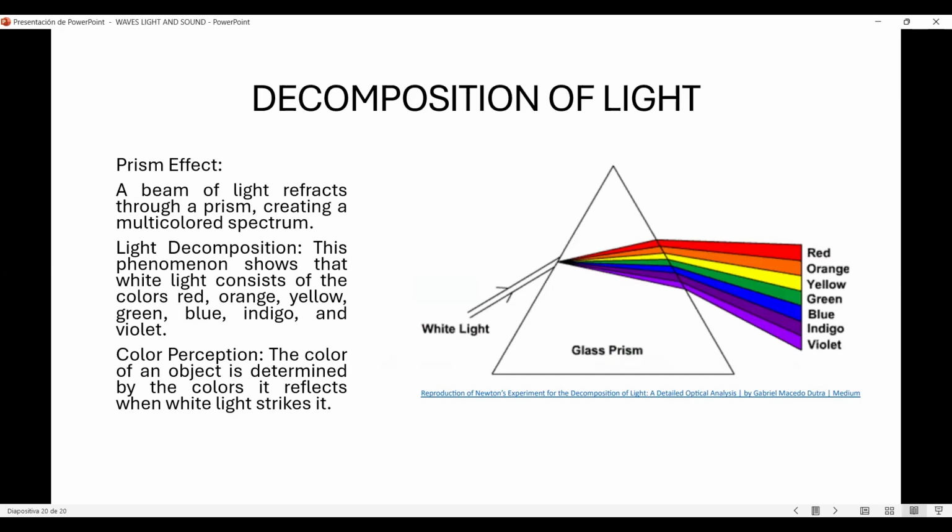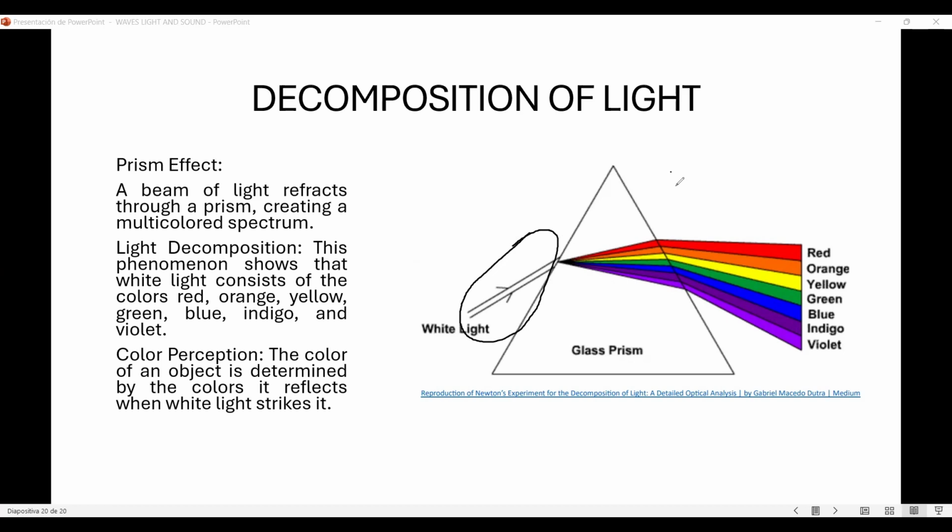The composition of light refers to the process by which white light, as its name says, is decomposed, separated into its constituent colors.